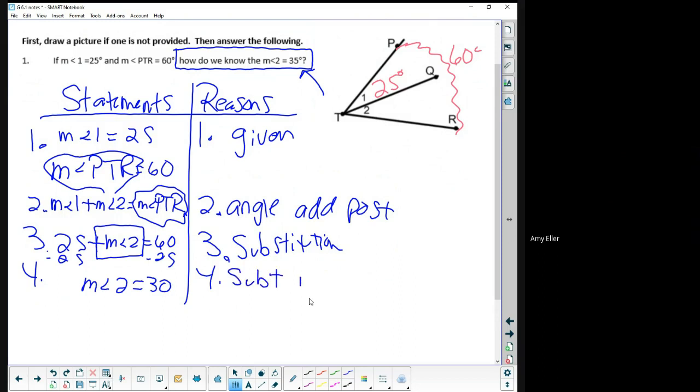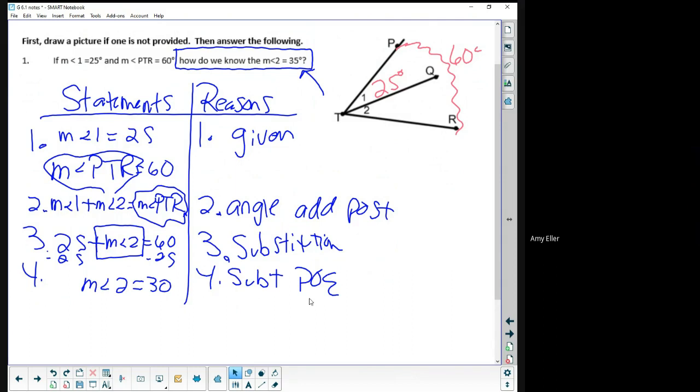Subtraction POE, property of equality. Meaning it's okay if I subtract 25 on this side, but I have to do it to both sides to keep that thing equal. Questions? This is a 2-column proof. You can do this, or you can just kind of write about it in paragraph form, or however you like to organize your thoughts, you can do that.